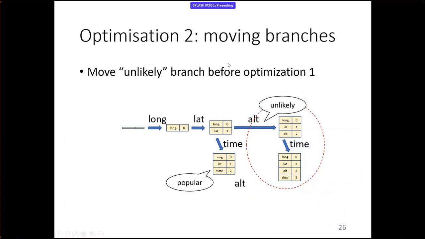Our second optimization moves this unlikely branch to the end of the popular branch. So we move this branch to here. The time property appears here, and has already been added in this transition, so we do not add the time property again.